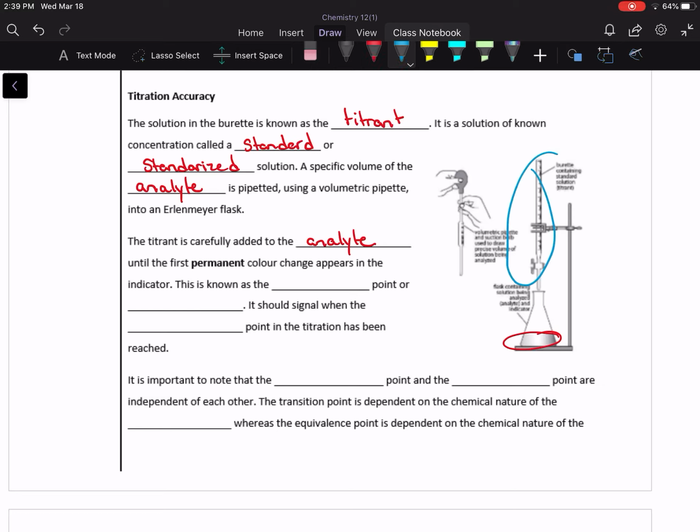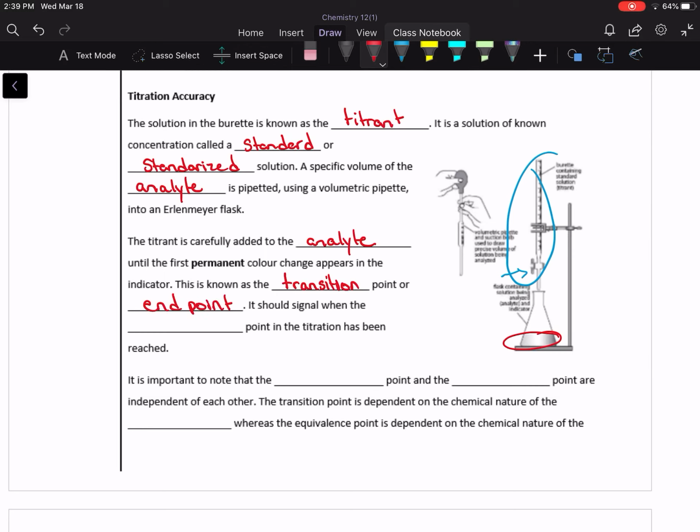And we're going to open the valve here to slowly add our titrant into our analyte until that first permanent color change occurs. And that color change is known as the transition point or the end point.